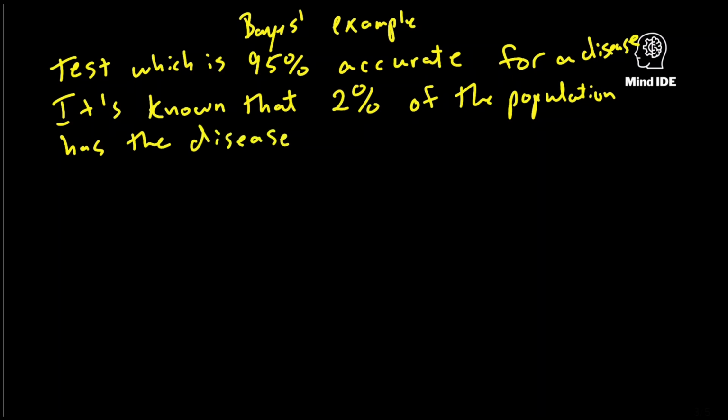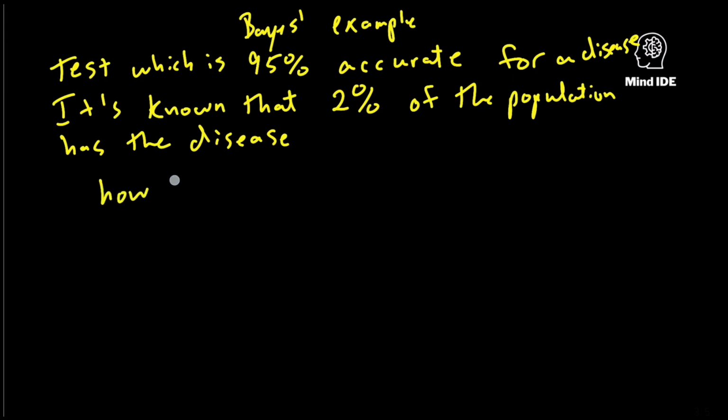Okay, so just to set up the scenario here, there's a home test kit that you have. The home test kit is 95% accurate, and we know that 2% of the entire population has a disease. And what we want to know is, how likely is it?